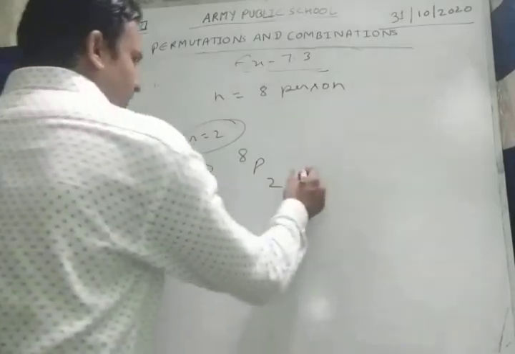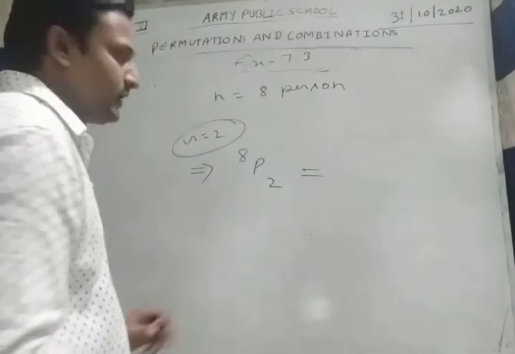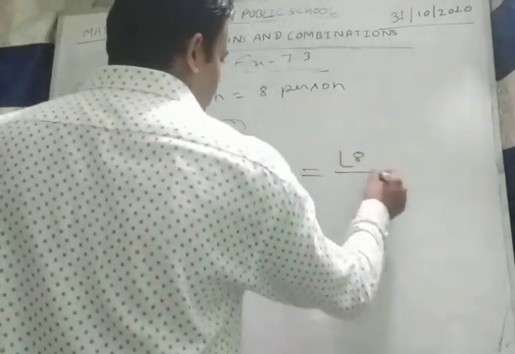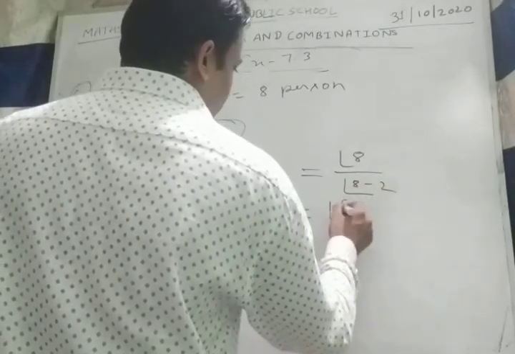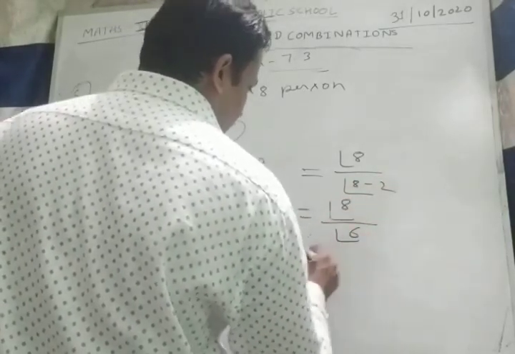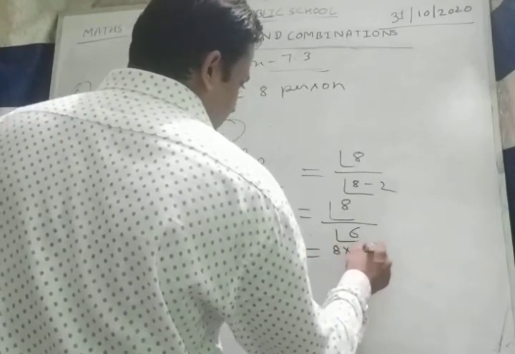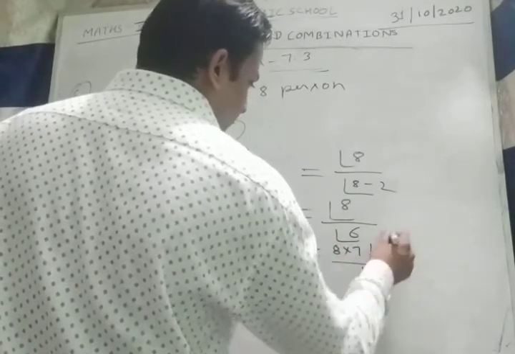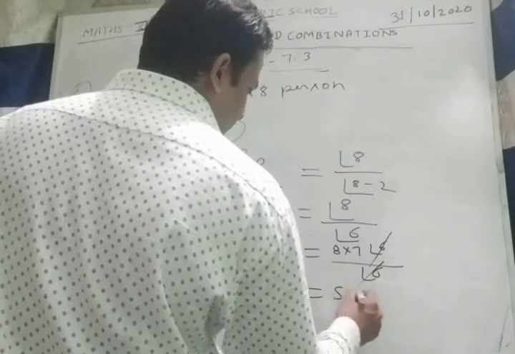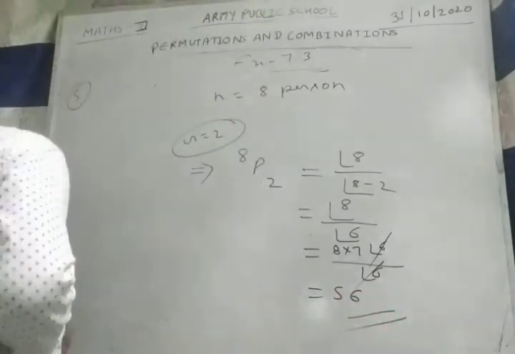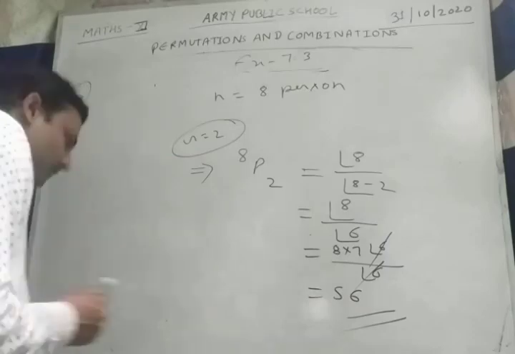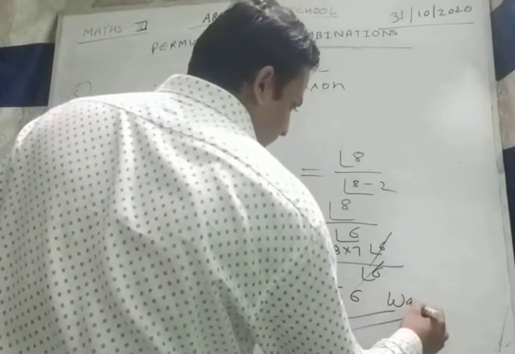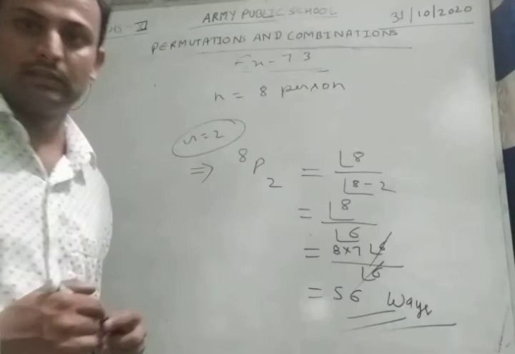So we write how many ways? 8P2 ways. So factorial 8 by factorial 8 minus 2, we can write factorial 8 by factorial 6. So 8 into 7 into factorial 6 by factorial 6, it will be cancelled. So our answer will be 56. So from 56 ways we can select.